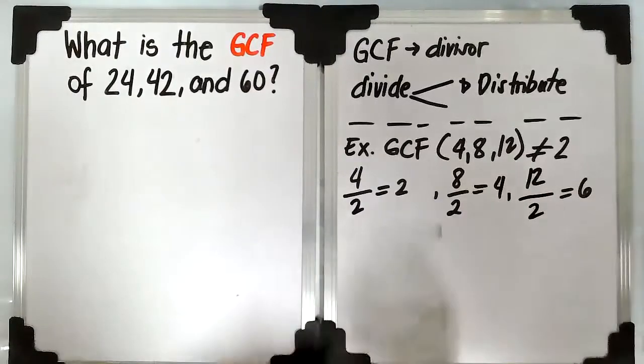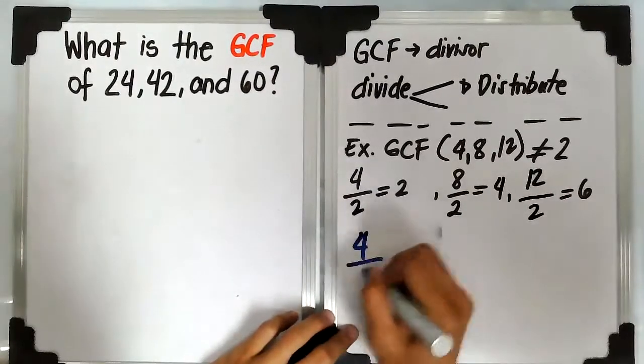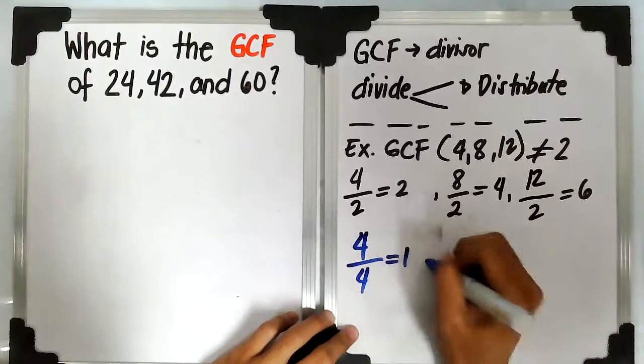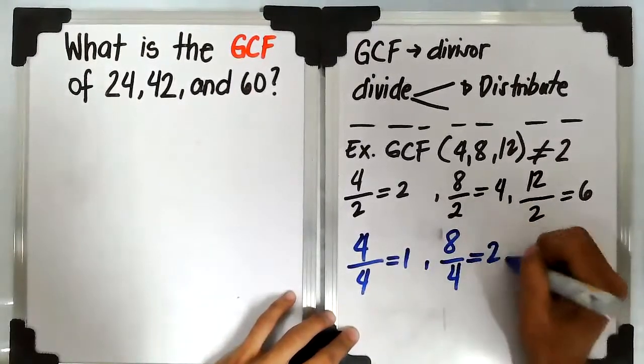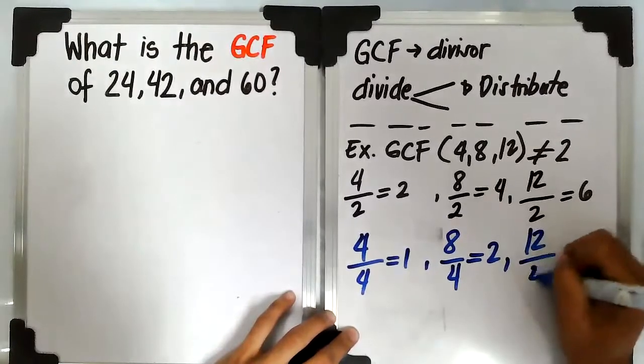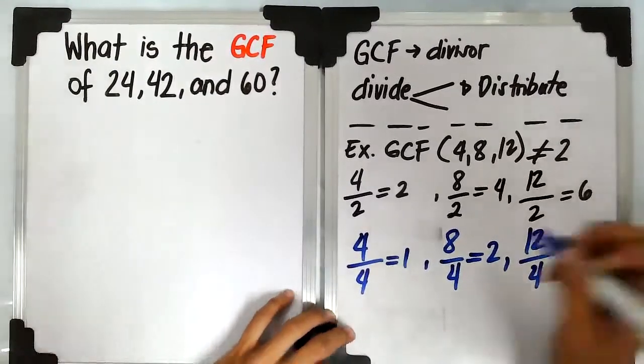Let's use this. We're going to have 4 divided by 4, which is equal to 1. 8 divided by 4 is equal to 2. And 12 divided by 4 is equal to 3.